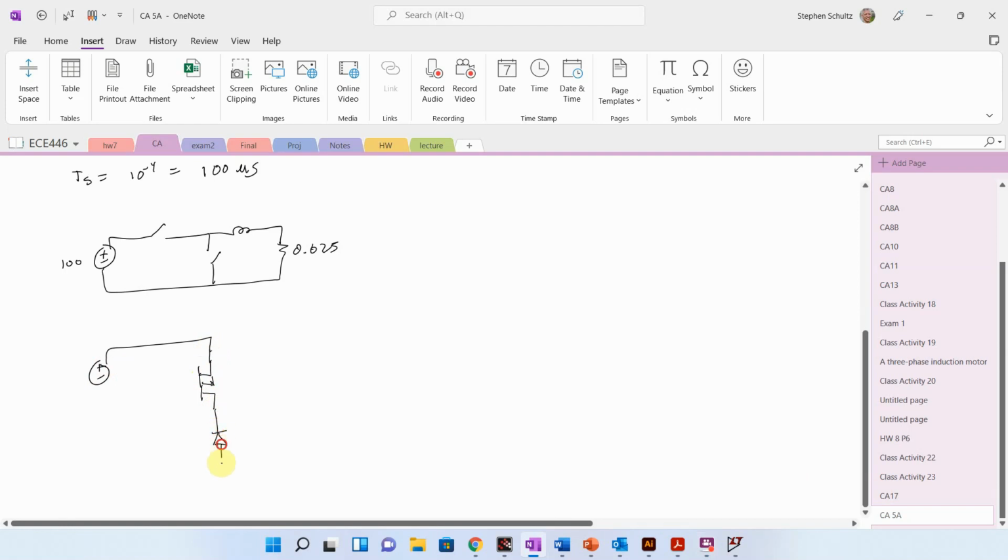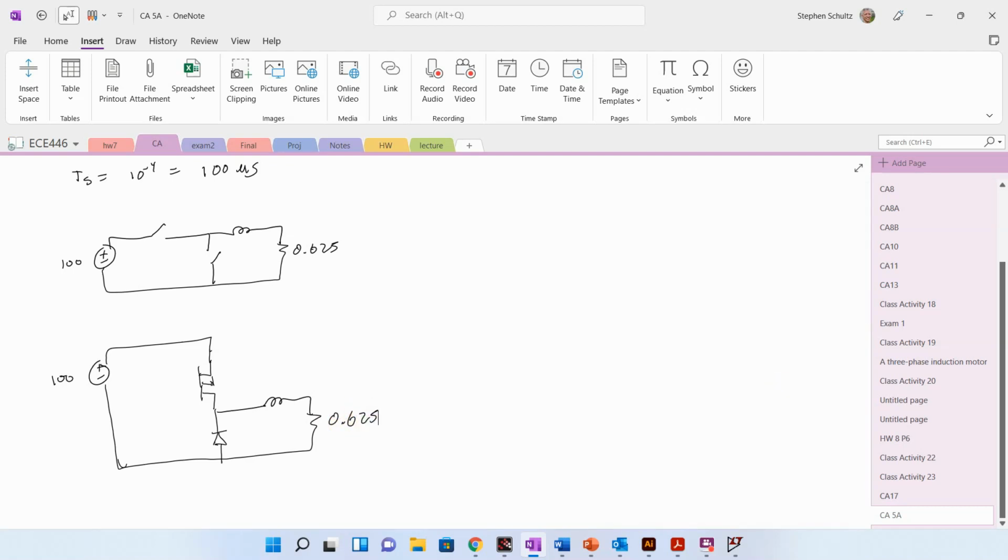Then here is our diode, and this goes over to the inductor, and the resistor looks like that. This is 100 volts, and this is 0.625.